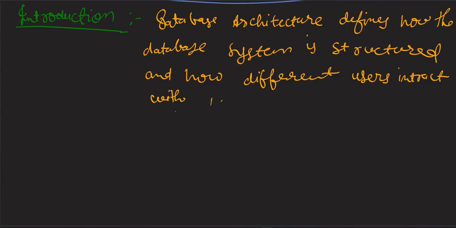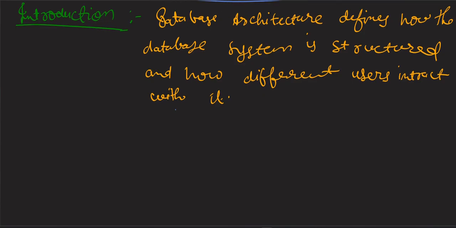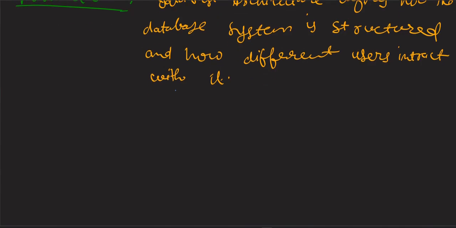Okay, so the most widely accepted architecture, for your information, is ANSI SPARC, which is a three-level architecture.